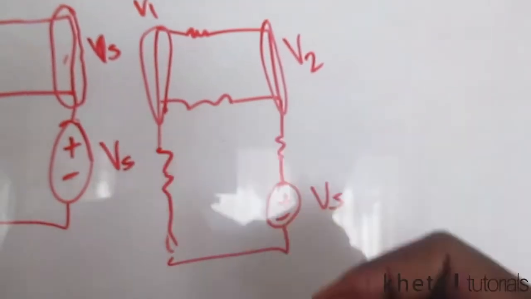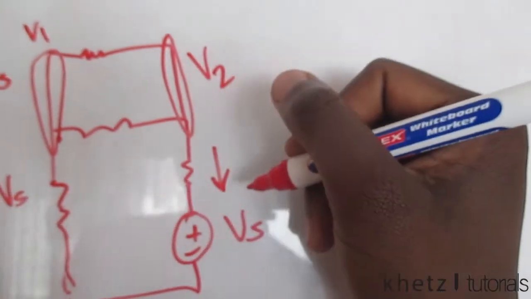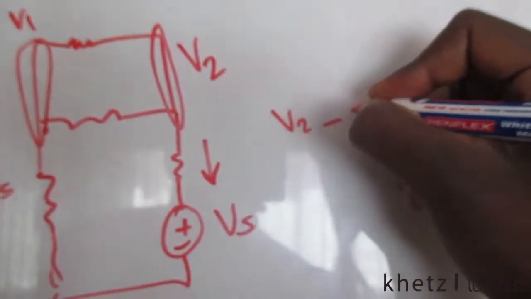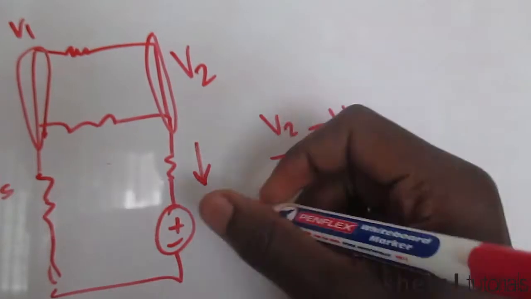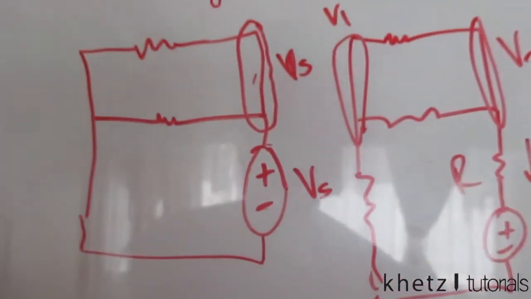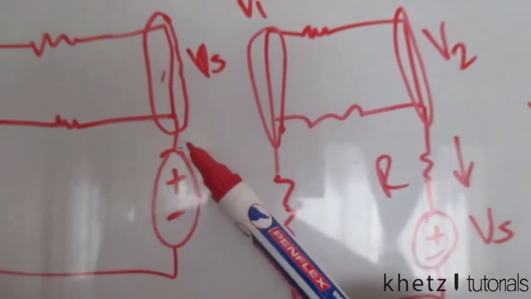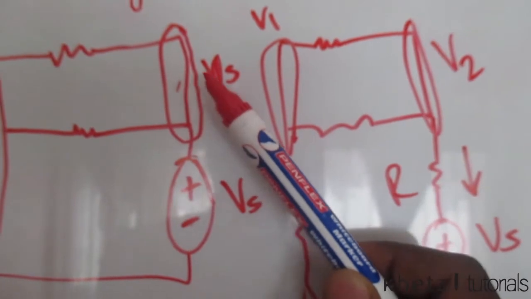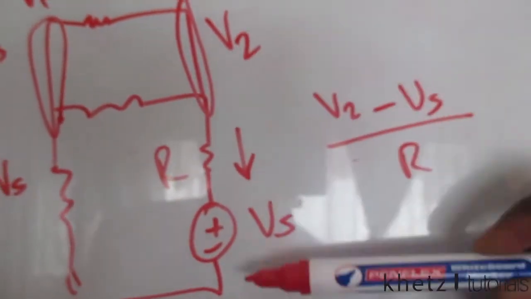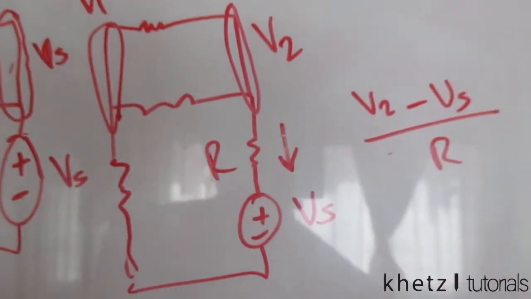To find the current which goes down here, you'd actually say V2 subtract Vs divided by whatever value is there of R. But in the earlier case, you don't have to do this because there's nothing there. You just say that the node above has a value of Vs, whereas in this case, you can't say that because there's a resistor in that path.